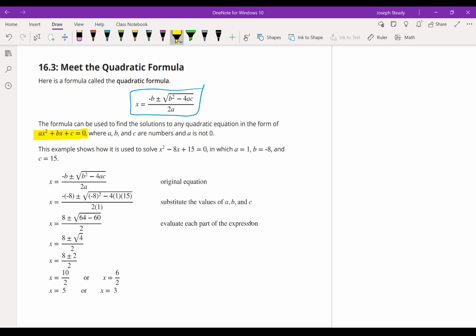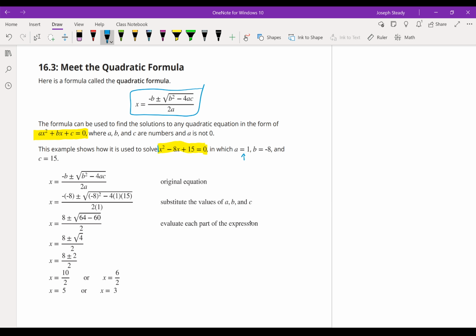To give you an example, they give you one right here. Here's a problem that looks just like that. And in this case, it is an invisible 1, x squared, minus 8x plus 15 equals 0. So they tell us that a equals 1, because it's the number in front of the x squared.